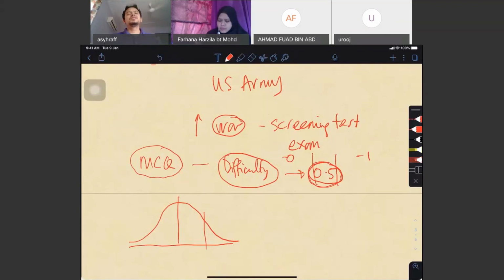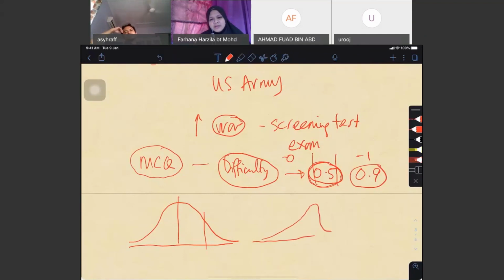If, like we discussed now, the majority of the items are near 0.9, which is too easy, then the curve would be skewed to the right, because a lot of people will get high marks.